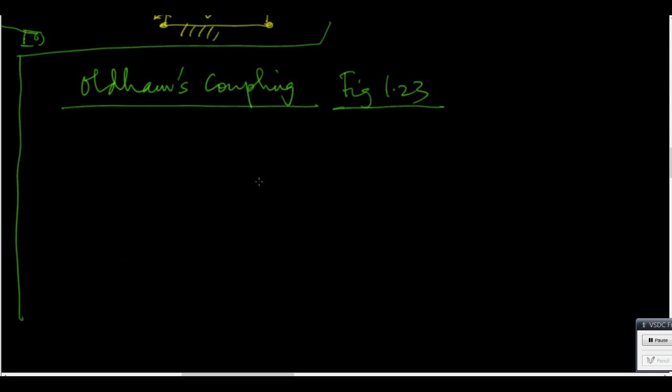So Oldham's coupling is like this. I have a disc with a slot. This goes through, and then I have a rotary degree of freedom. Okay, so that's the disc with a slot.